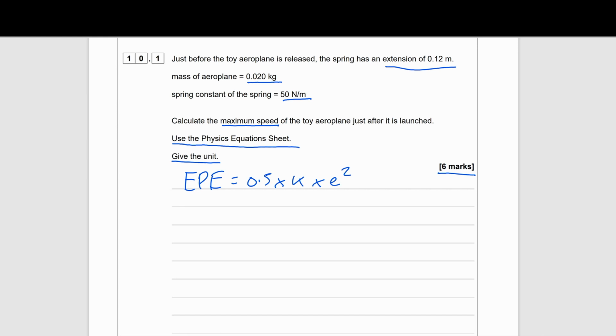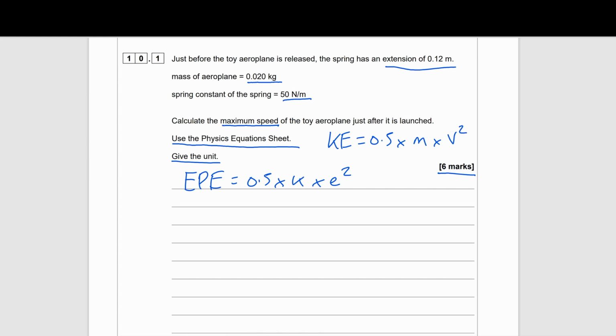So looking at our speed, it's going to be difficult for us to link that to spring constant, but we can link that to the mass using our equation for kinetic energy. So kinetic energy is equal to 0.5 multiplied by mass multiplied by speed squared.